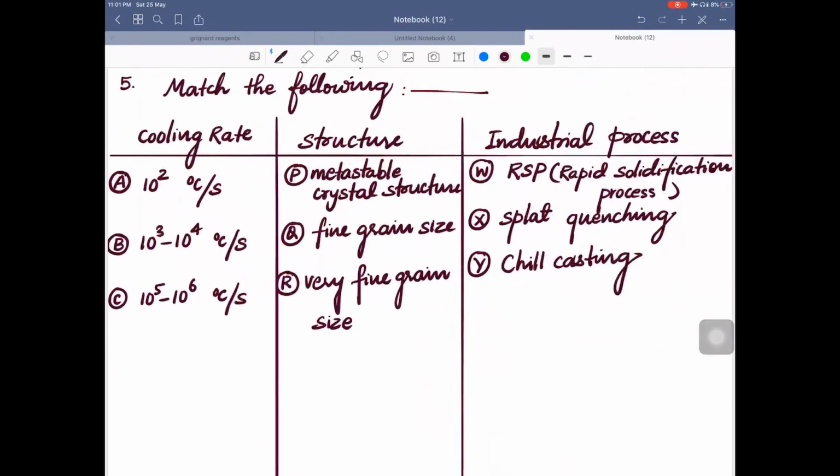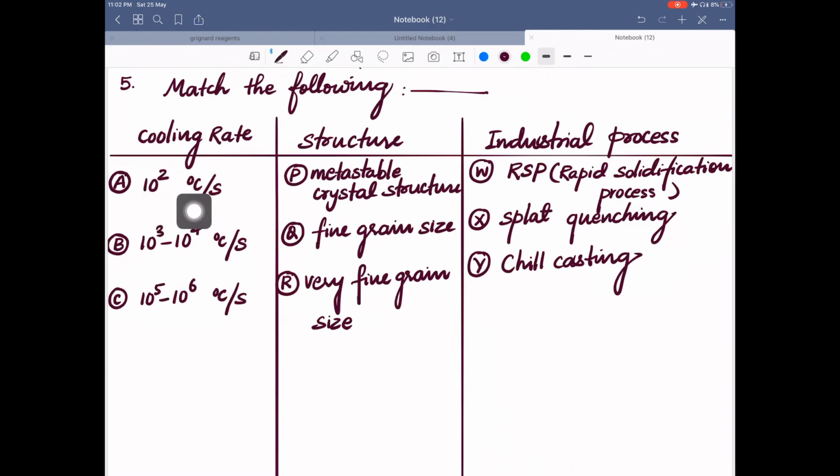Let's see the next question. Again, we have to match the following. We have been given the cooling rate, the structure, and the industrial process. If the cooling rate is 100 degrees centigrade per second, it's a low cooling rate. Okay, so in this case, not very low because it is 100 degrees centigrade per second.